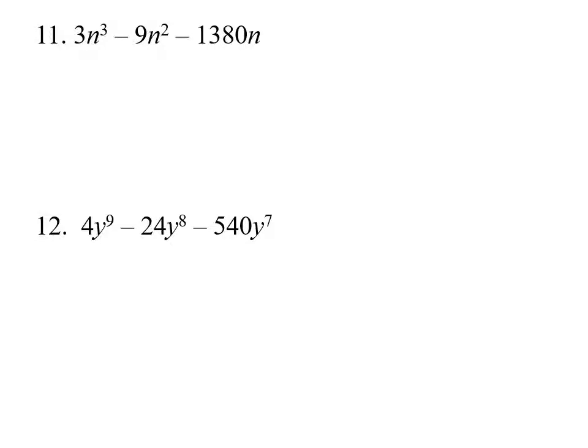These next couple have to do a little bit more work because they have a common factor. You'll notice these are really given away by the fact that every single one of the terms has an n or a y on it. So if there's a variable all the way across on everything, then you're going to have a common factor. On the first one, it's a 3, a 9, and a 1380.